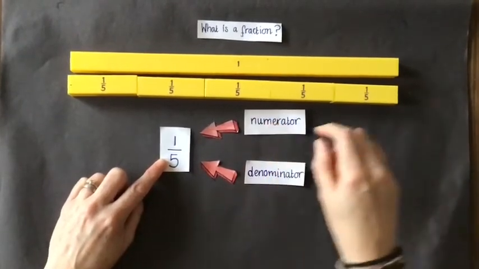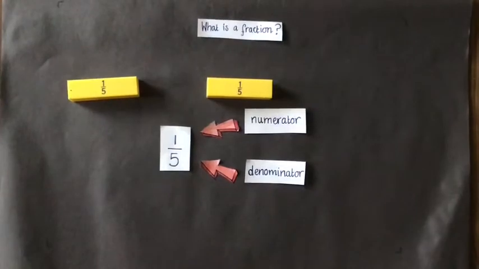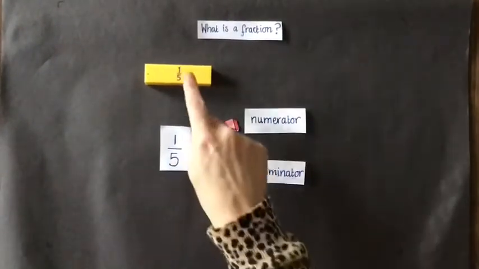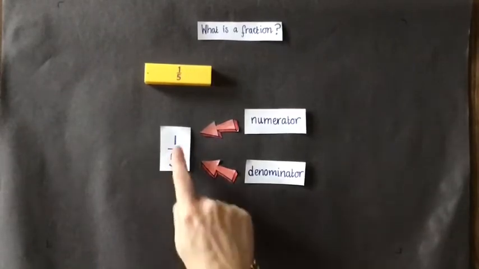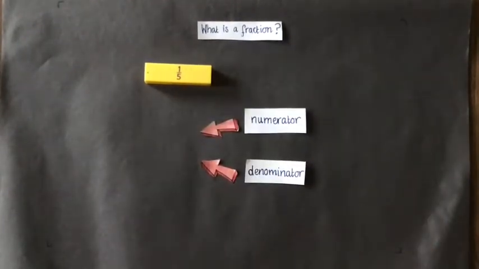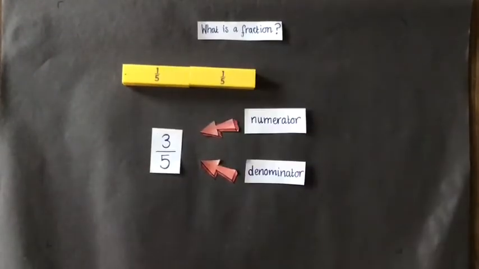The numerator, on the other hand, tells us how many parts of that whole that we have. So in this case, we have 1/5. We have one of those 5 parts. If we were to change that for 3/5, we would have 3 of them.